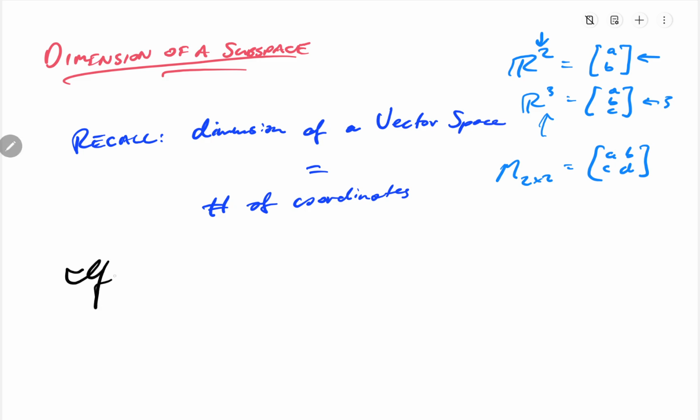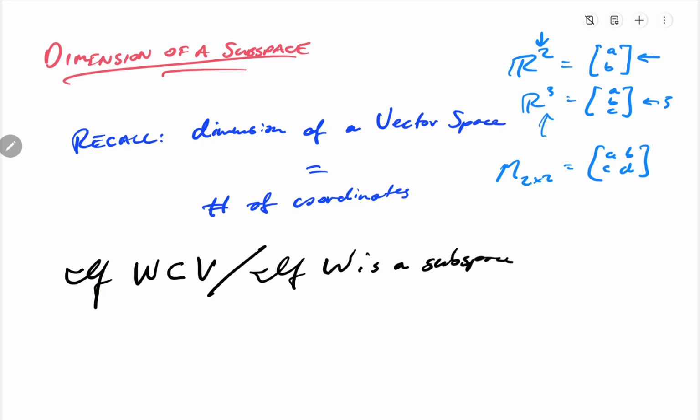If W is a subspace of V, then this implies that the dimension of W is less than or equal to the dimension of the big vector space.